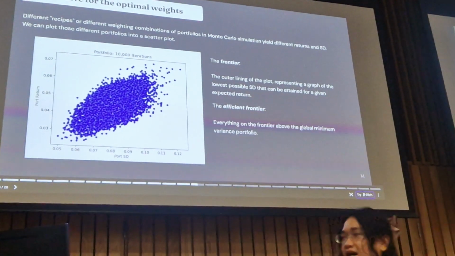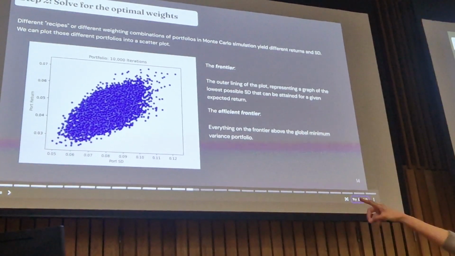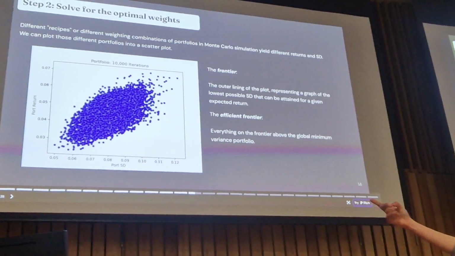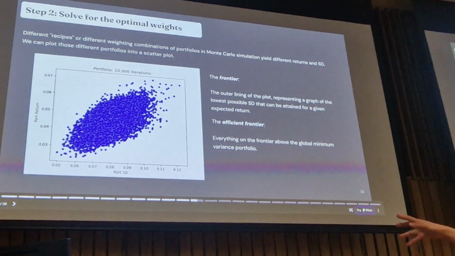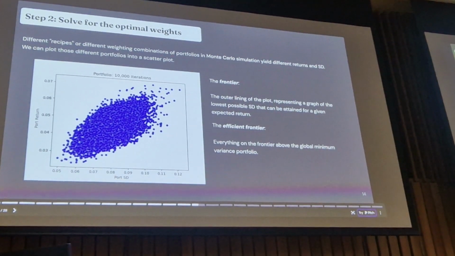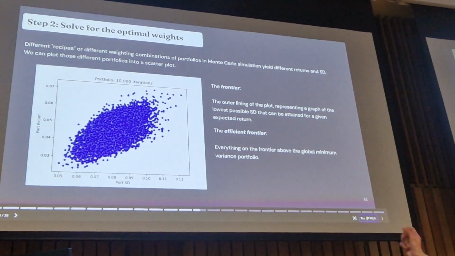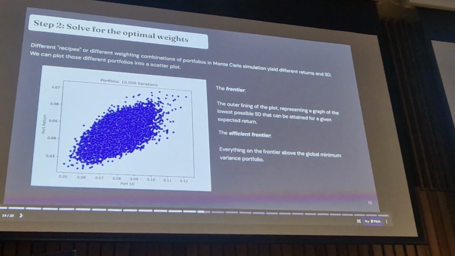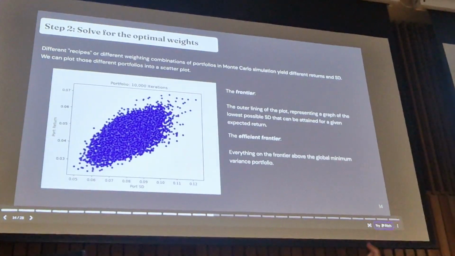And everything below the minimum variance, or minimum standard deviation, say maybe the minimum standard deviation is 4.9, 4.8% there, is not efficient, because you can see some dots are still below that. Everything above that is efficient.